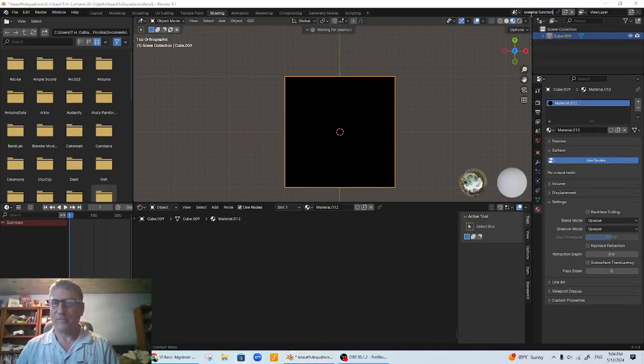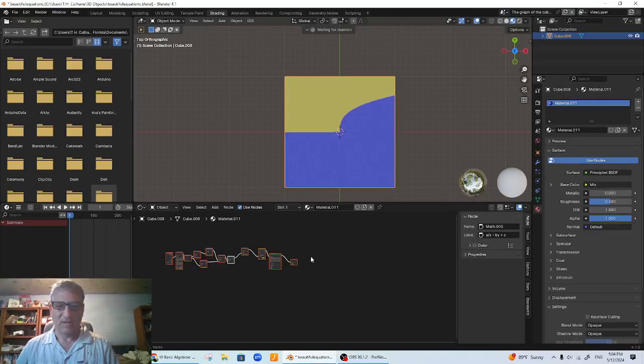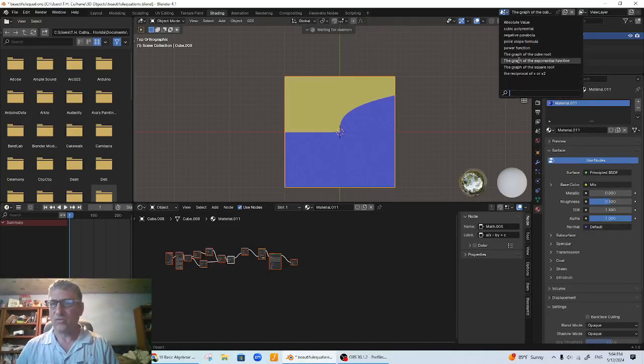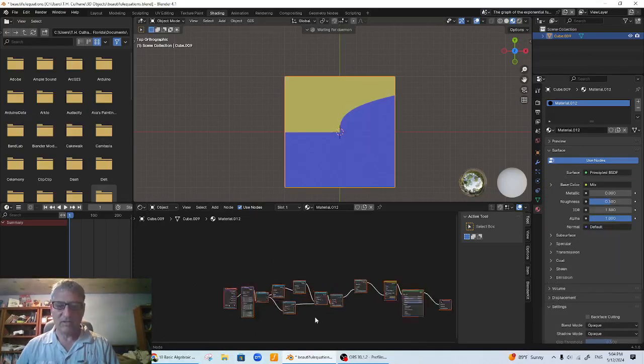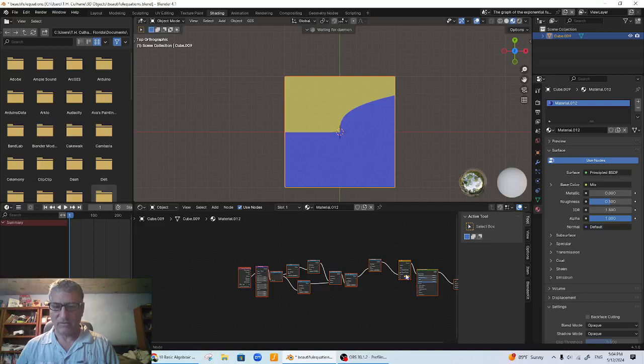Oh, and I lost my terms, so muddle-headed right now. Graph of the cube root. Take all that, copy it, now go to our exponential function. Paste it in, zoom in on it, change the color so I don't get confused.